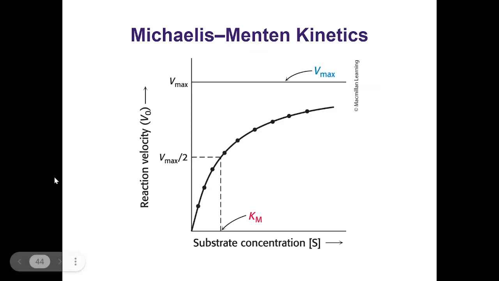Okay. And so if we go to 1/2 of Vmax, what does that tell us? After the active sites are binding, or another way of saying that is that the amount of free, the amount bound, yes, the amount free is equal to the amount bound, right?